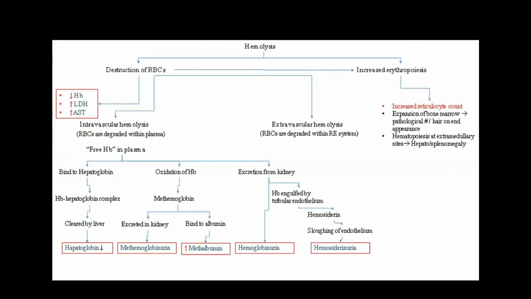This methemoglobin can bind to the albumin, so methalbumin will be present, and it can be filtered in the urine, so methemoglobinuria will be there. Or this can be directly filtered in the kidney and present in the urine, which is known as hemoglobinuria. Or it can be engulfed by the tubular cells and converted into hemosiderin, then it will be present in the urine, known as hemosiderinuria. So hemosiderinuria takes some time to appear in the urine, but hemoglobinuria will appear as soon as hemolysis is there.